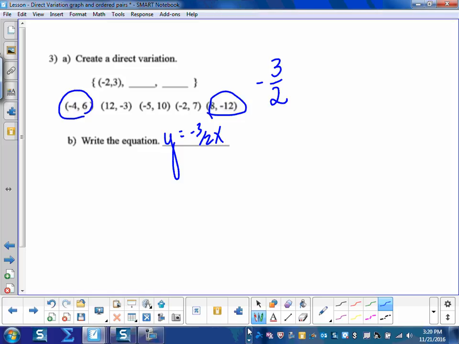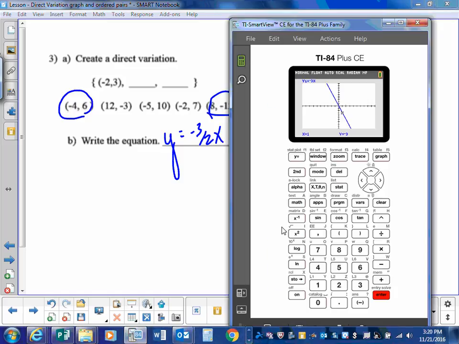Or if I really want to give my brain a break, I could go into my calculator and type in y equals -3/2 x. Hit trace.